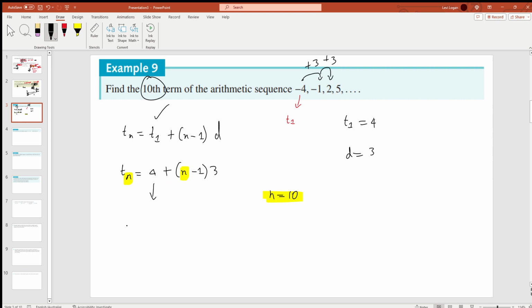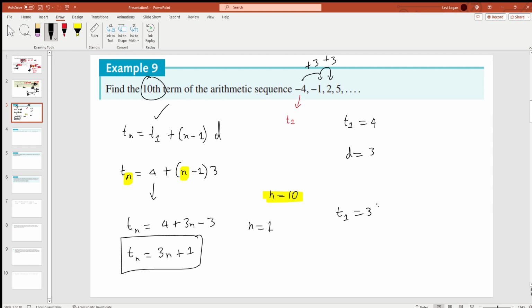So if I rewrote it like this, T of n is -4, and we distribute the 3, plus 3n minus 3. This is our little rule here. So we have 3n minus 7. If you put in n equals 1, you'll get your first term. So for example, T of 1 is going to be 3 times 1 minus 7. Did we do that right?